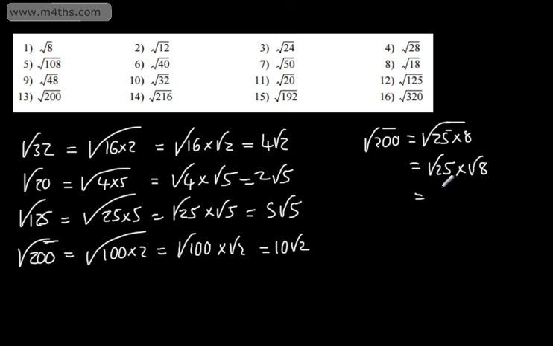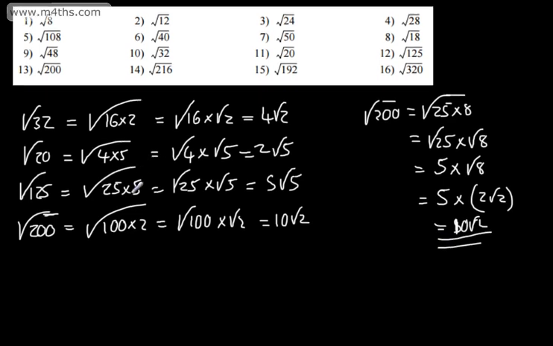That's 5 multiplied by the root of 8, and then you think, oh, root 8 is actually 2 root 2. So you can see we're picking this back up. 5 times 2 root 2 gives us 10 root 2. So not the end of the world if that happens.